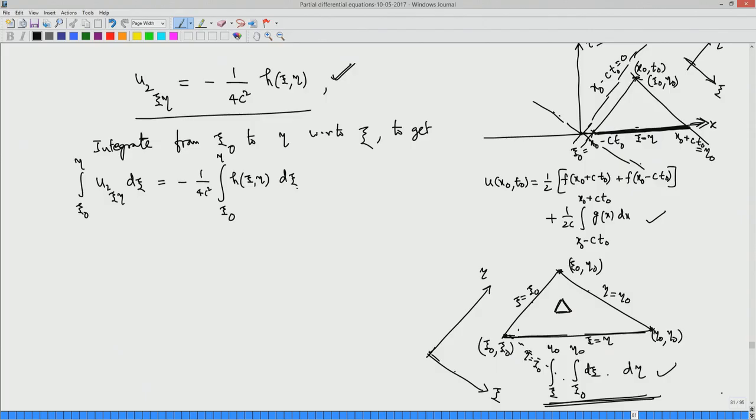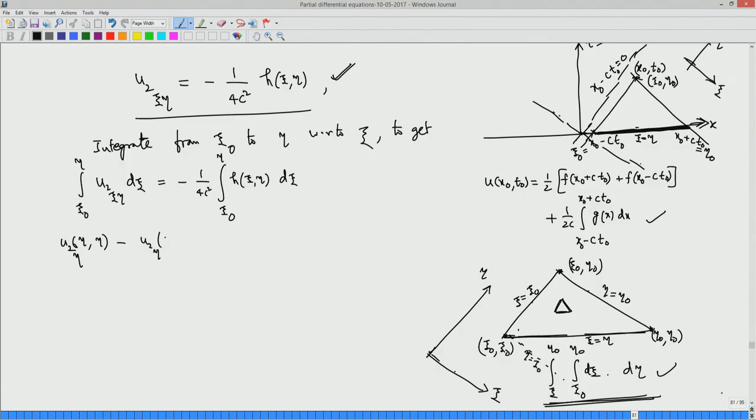I am doing it with respect to xi. So, this becomes u eta of xi eta, where xi you have to replace with eta, minus u eta of xi naught eta. So, in the place of xi I put eta, so you have u eta of eta minus u eta.